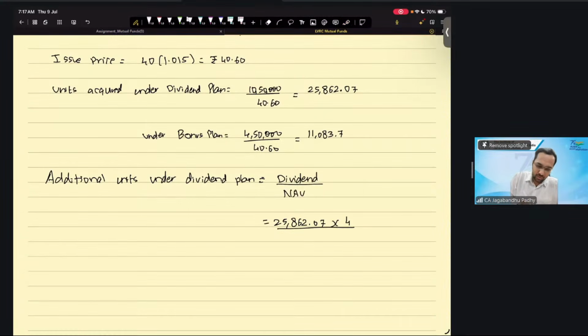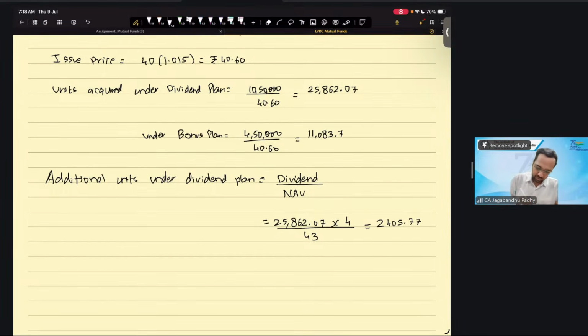So this is divided by 43. What is the additional units that we are getting? 2,405.77.